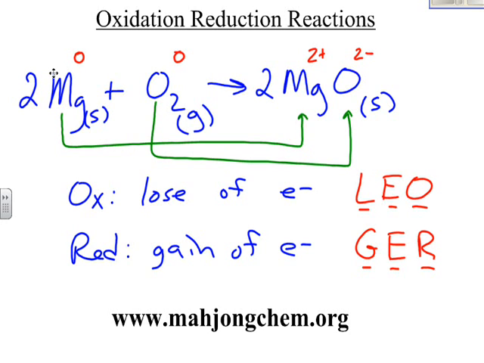Now, determining the oxidation numbers for the elements, there are some rules in your book. We'll go over those in class. It's one of the activities that we'll do. The website at the bottom here will give you some practice also at determining oxidation numbers for different elements. So if you go to that site, it's a mahjong, if you've ever done that. So it's kind of an interesting activity.